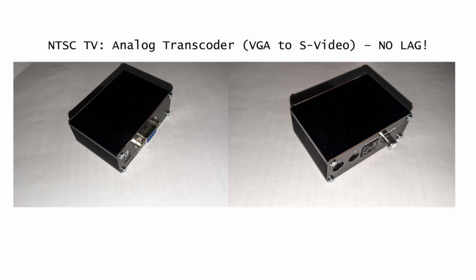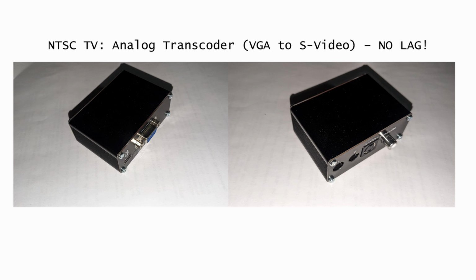Why it's important to get a transcoder and not something that does any frame buffering or digital manipulation is that those things start to add lag. So you need something that works purely in the analog domain, where it's literally converting those VGA RGB signals to an analog format that your display device can handle in real time. You do not want to have any lag. So there's a device out there. You can find them on eBay.